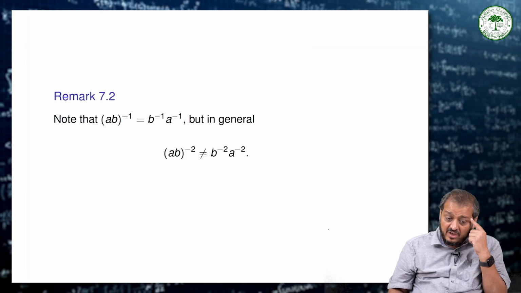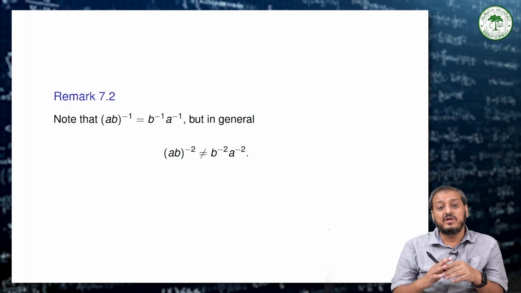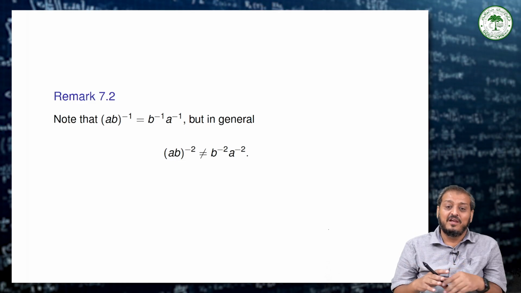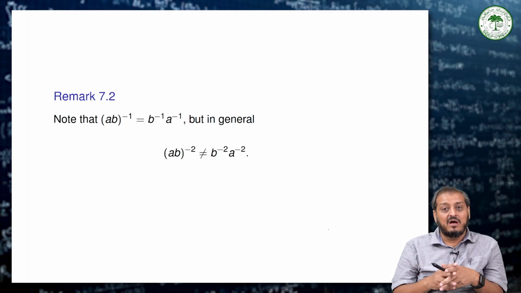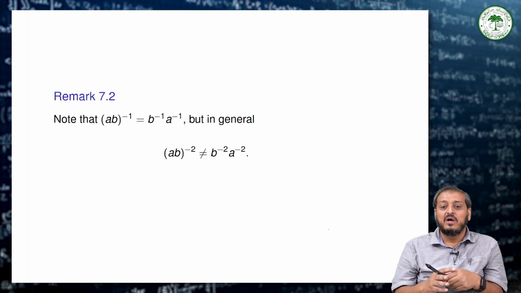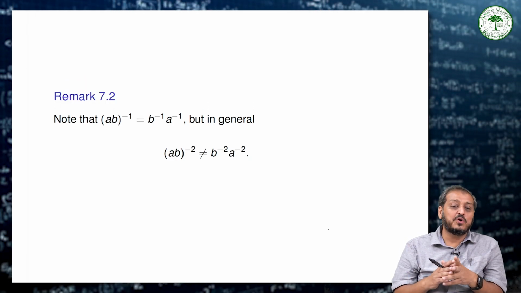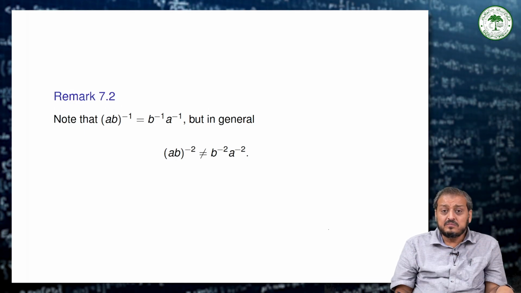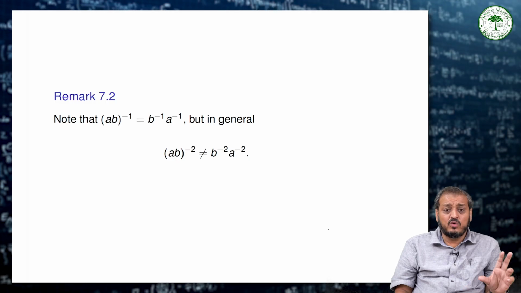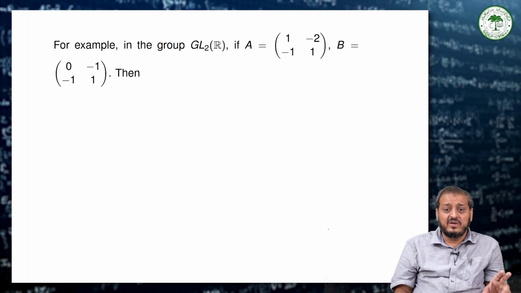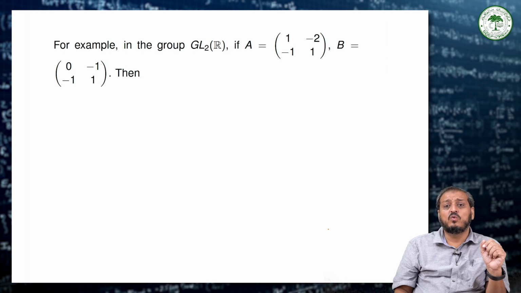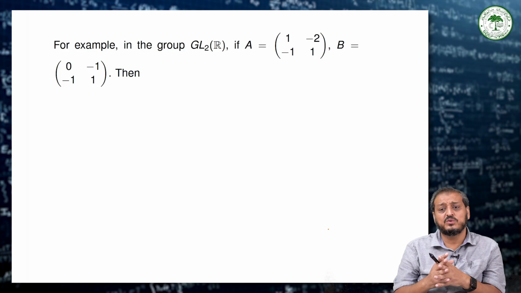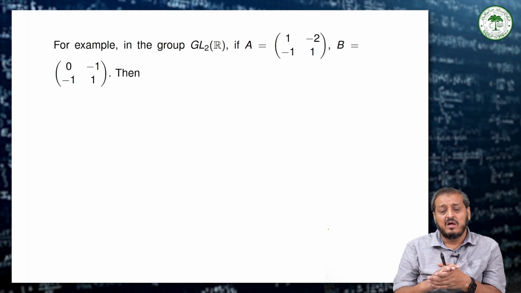Now we have to prove that (AB) inverse is equal to B inverse A inverse, but in general if we take (AB) to the power minus 2, then it is not equal to B to the power minus 2 times A to the power minus 2. For example, we take two different elements from the group GL2(R), the group of all invertible matrices where determinant of A is not equal to 0 and determinant of B is not equal to 0.